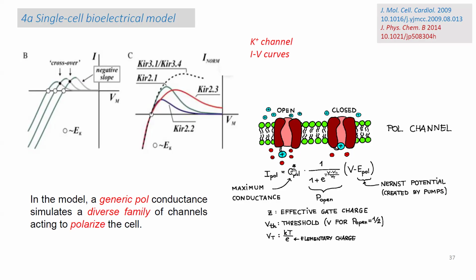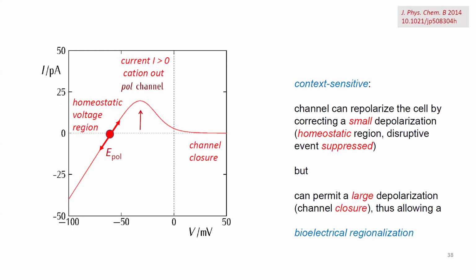and which is very important, voltage-dependent conductance. The channel conductance should be voltage-dependent to reproduce the experimental results in this case. The important thing when we try to understand the current-voltage curve is that small deviations from the equilibrium potential can be compensated. I mean, there is a homeostatic voltage region around this polarized cell potential where small deviations can be compensated.